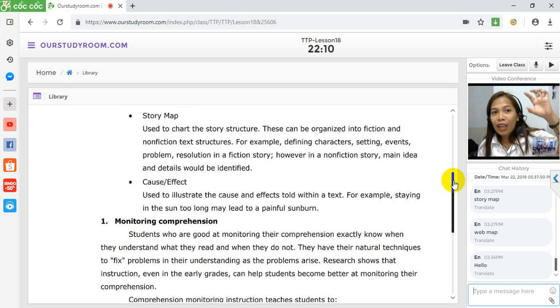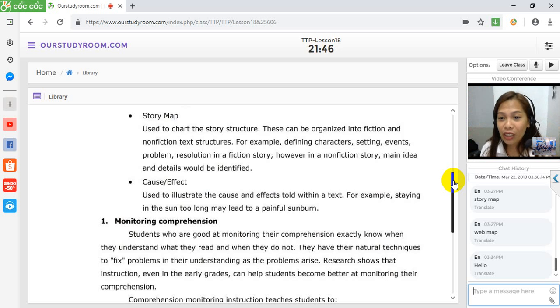Maybe in the first paragraph, they read the story very fast. And then in the middle part, they cannot understand the words because it's difficult. So they will slow down, from fast to slow. They can adjust their speed in reading.